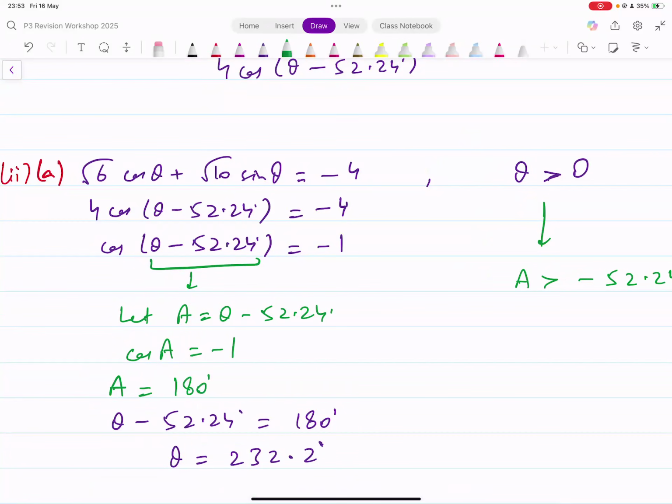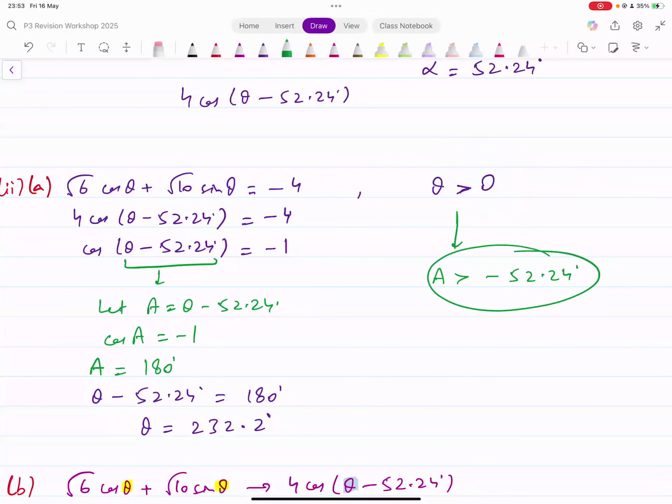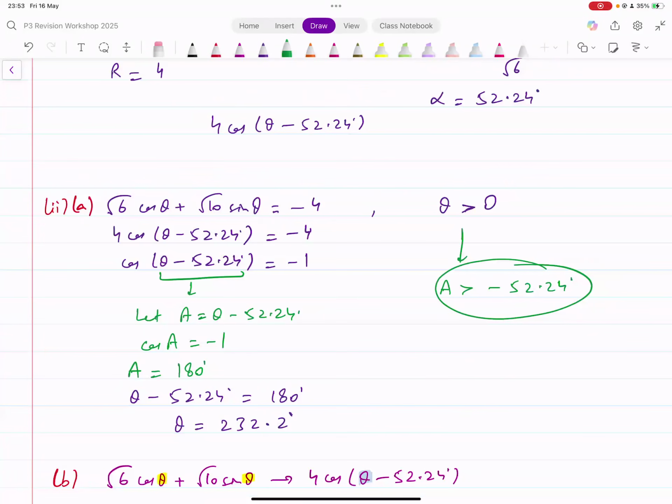When is cos minus 1? In this interval, well, it first happens at 180 degrees. If you think about the graph, the cos function reaches minus 1 at 180 degrees. So the value for A that we're getting is 180. We put that substitution back and we get the value of theta: theta minus 52.24 equals 180. That gives us the value for theta.